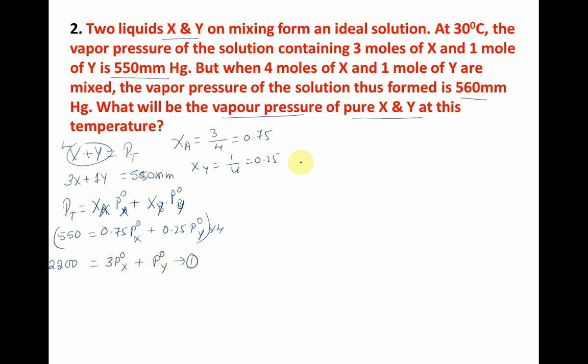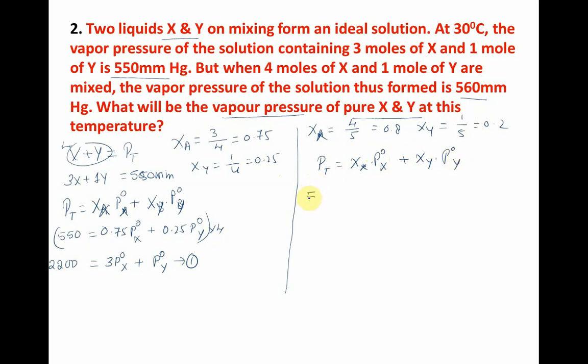In the second case, 4 moles of X and 1 mole of Y are there. Therefore, the mole fraction of X is equal to 4 by 5, which means 0.8. And XY is nothing but 1 by 5, that is equal to 0.2. Therefore, again, P total is equal to mole fraction of X into P naught X plus mole fraction of Y into P naught Y. P total is given as 560 now.